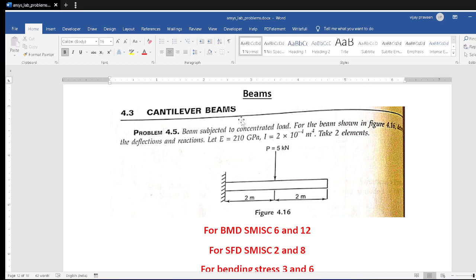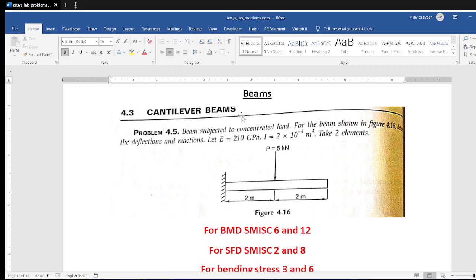So a beam is also a structural member, one which will carry the transverse load. The application of beams is in the construction of buildings as well as in bridges. There are different types of beams, like cantilever beam, simply supported beam, overhanging beam, fixed beam, and continuous beam.